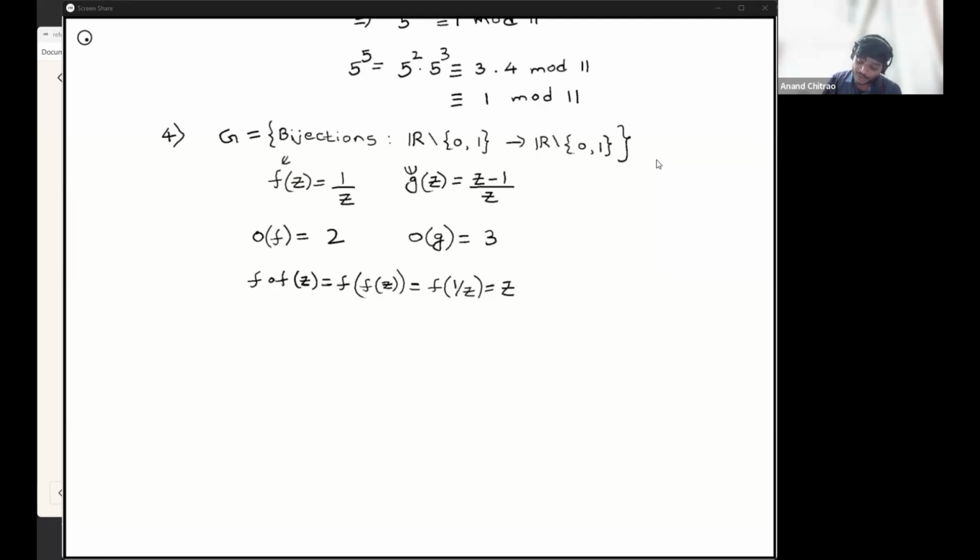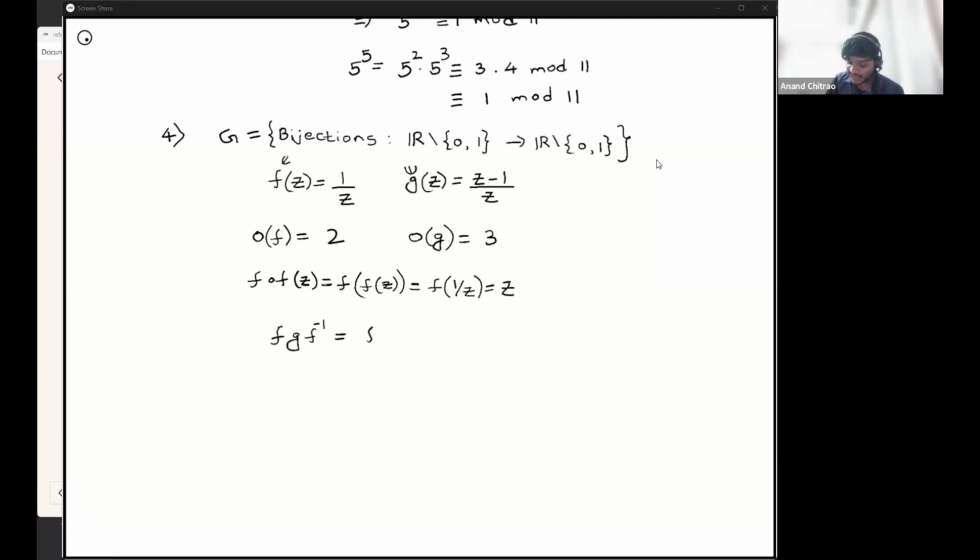Now, I want you to compute F G F inverse. So let's do this computation together.